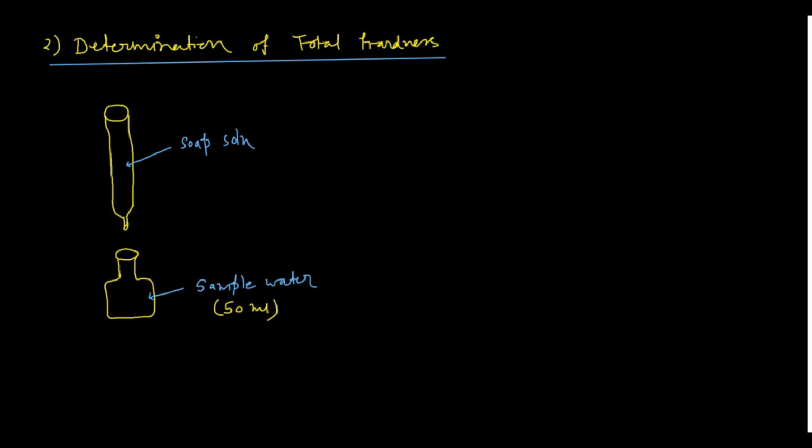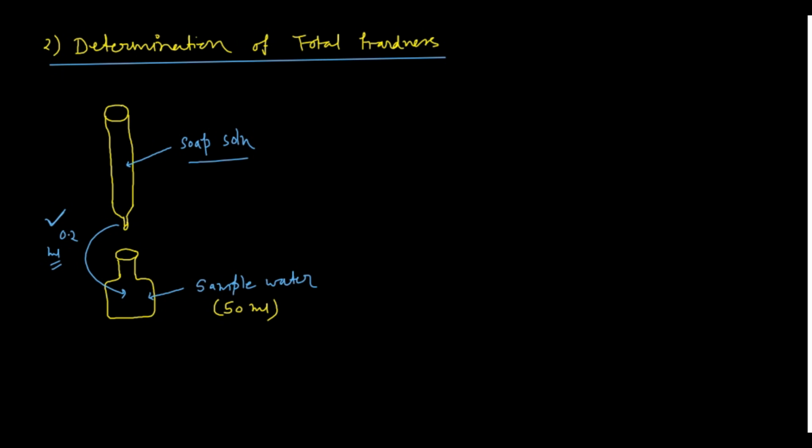Same method means, I'll add drop wise, or you can say the 0.2 ml of the soap solution, but I'll prefer drop wise in lab actually. This is the standard procedure, but in lab I'll prefer the drop wise addition of soap solution to the water sample. In the present case I am taking the 0.2 ml.